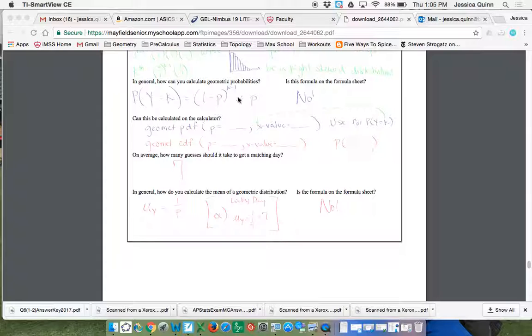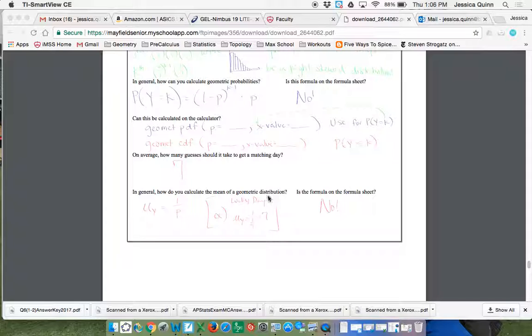Okay, so on average, how many guesses do you think it would take before we get a correct guess for the Lucky Day game? And so intuitively, hopefully, you would think like, oh, well, there's 7 days in a week, so probably on average it's going to take 7 guesses to get a match. Generally speaking, how you calculate the mean of a geometric distribution is 1 over the probability of success.